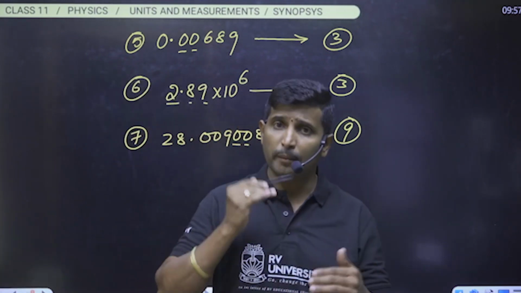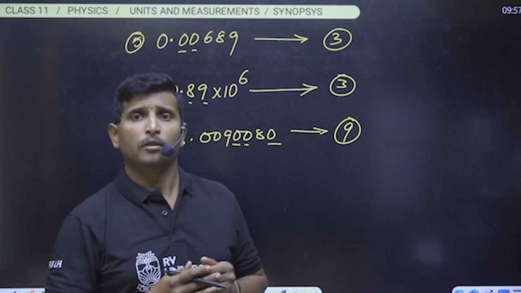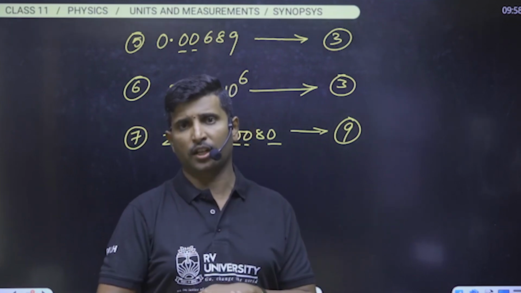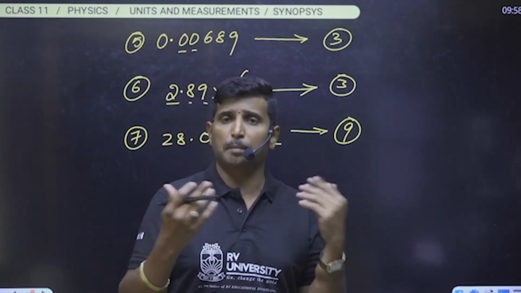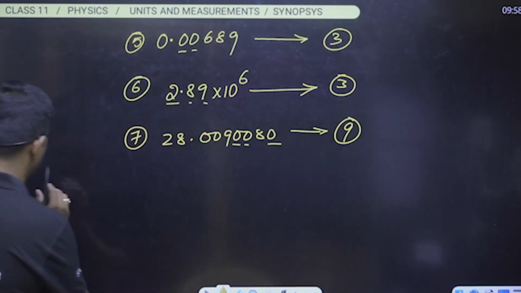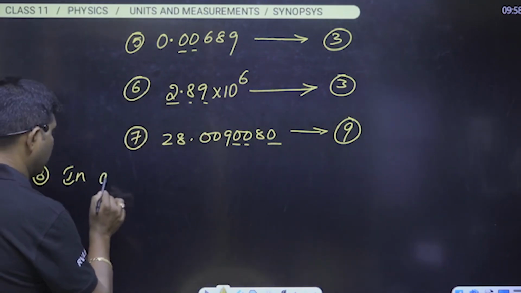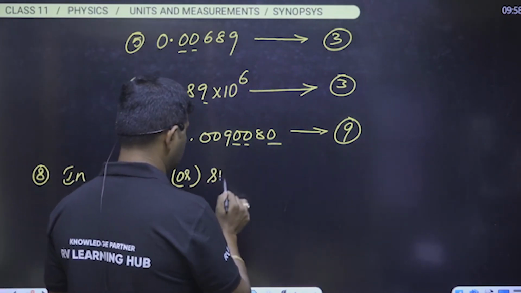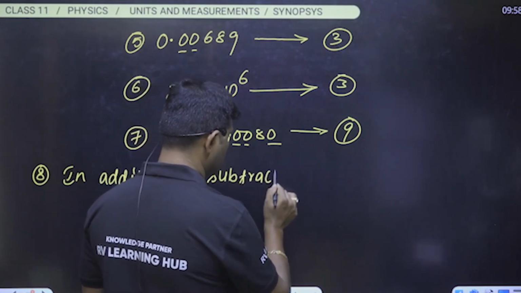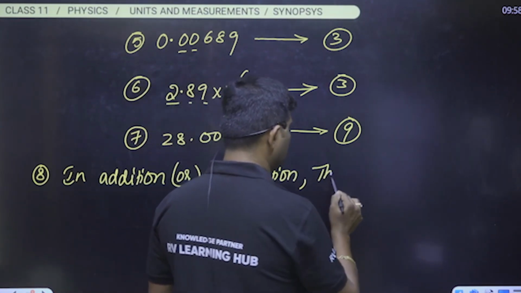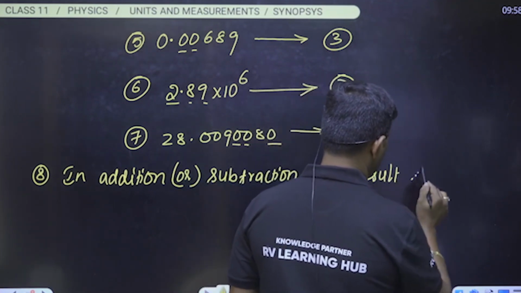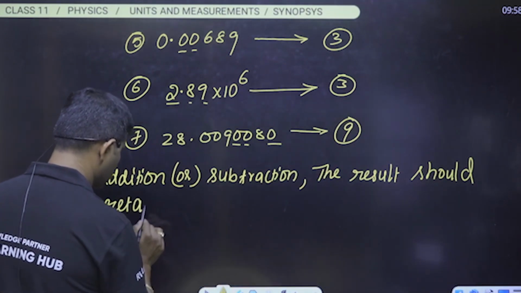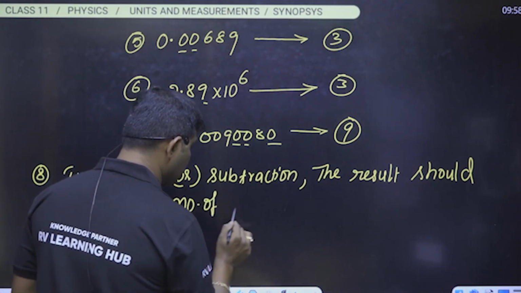Whenever we go to a little bit high level, they will ask questions based on addition of two numbers, or the multiplication of two numbers. So see here, eighth rule. In addition or subtraction, the result should retain the number of decimal places.